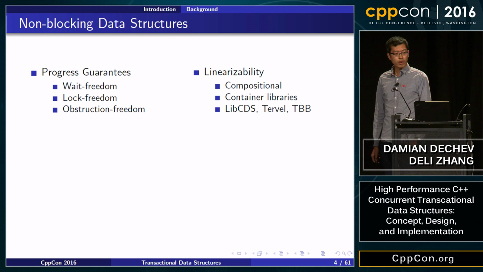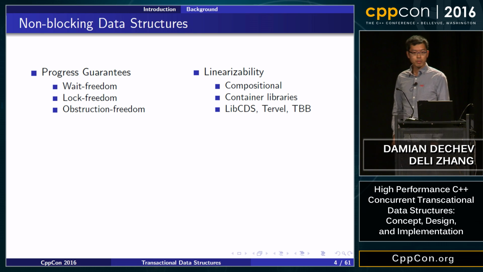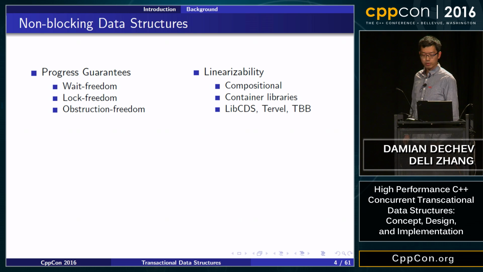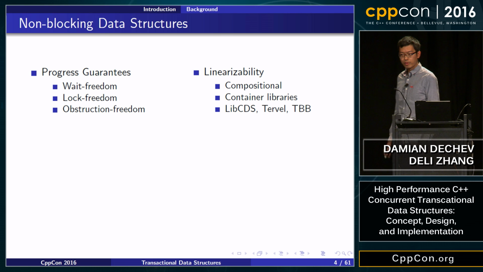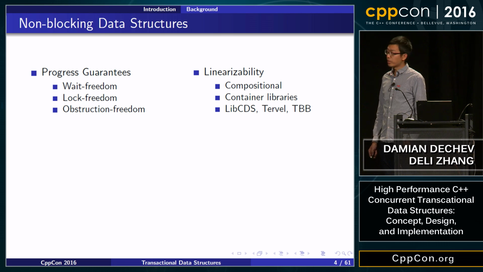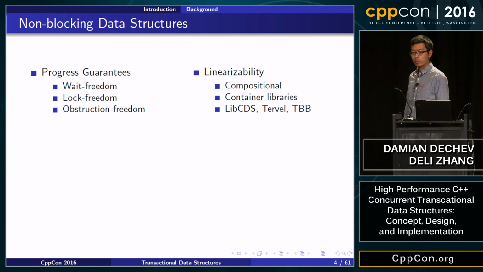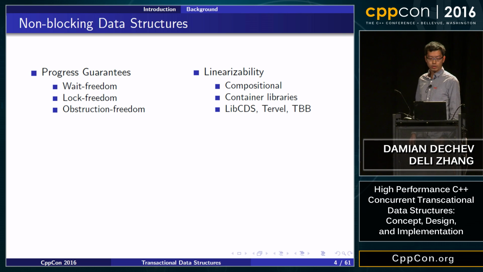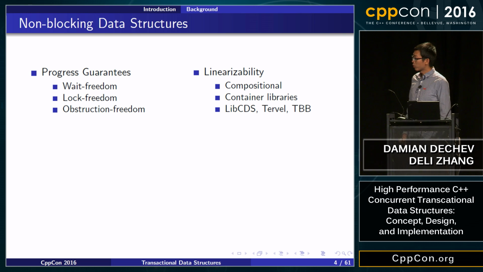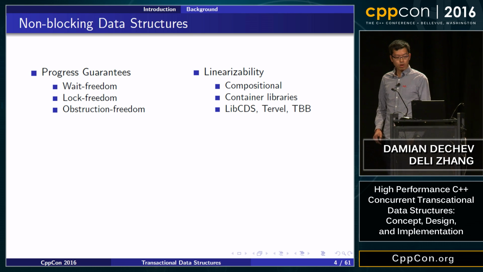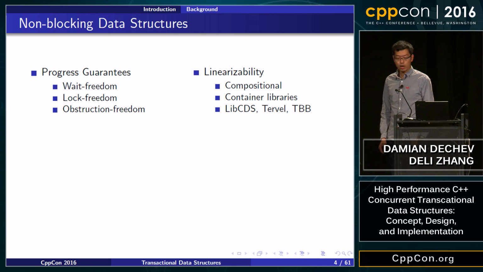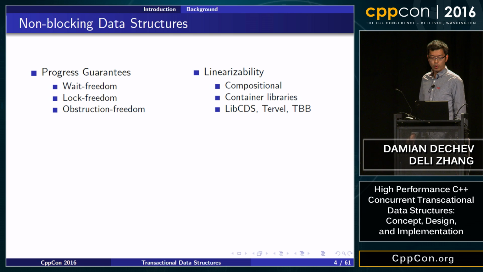Wait freedom requires that all threads in the system make progress in a finite number of steps so that no one will starve. The weaker lock freedom requires that at least one thread is making progress, so the whole system will not starve. Obstruction freedom only requires a thread to make progress without competing threads. We'll be focusing on lock freedom because it provides just enough progress guarantee without the overhead of wait-free synchronization.